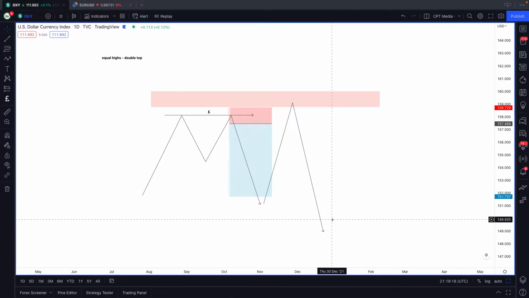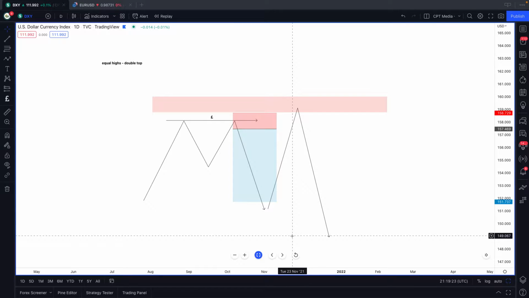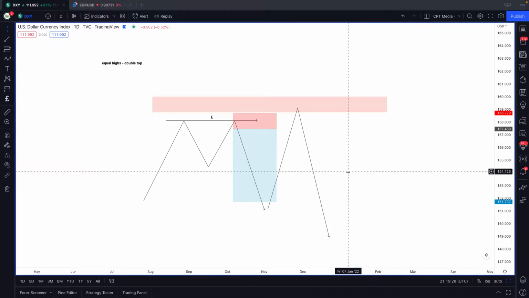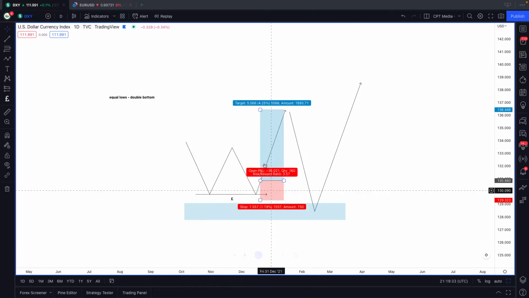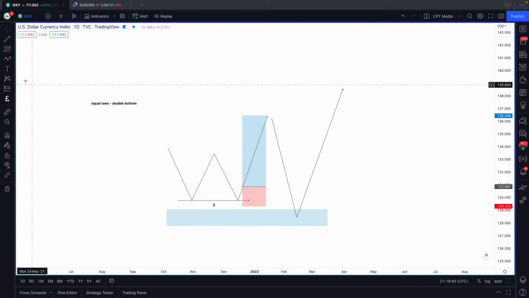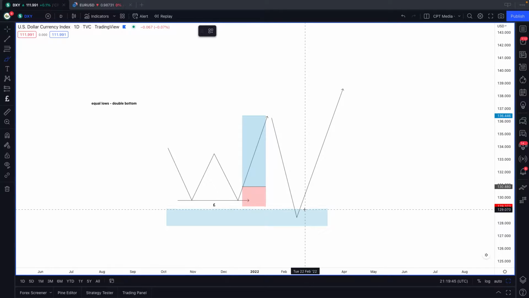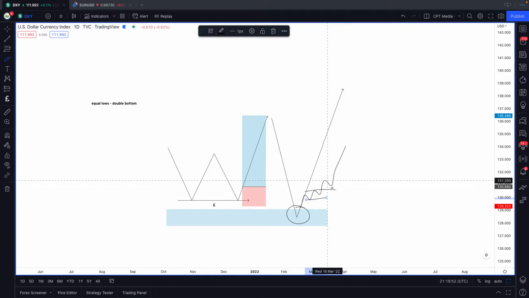Now this example is very, very simple, but the psychology behind it is much more important. Rather than looking at things as double tops or double bottoms, you need to look at price as equal highs or equal lows. You need to start to identify price zones where liquidity will likely be, so you can wait for price to come to a zone and collect that liquidity, collect those equal lows in this example, and then look to enter using your plan, whatever that may be.